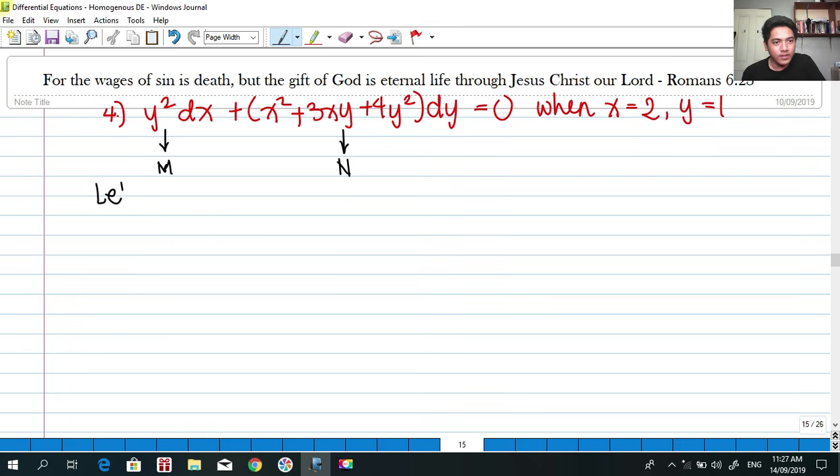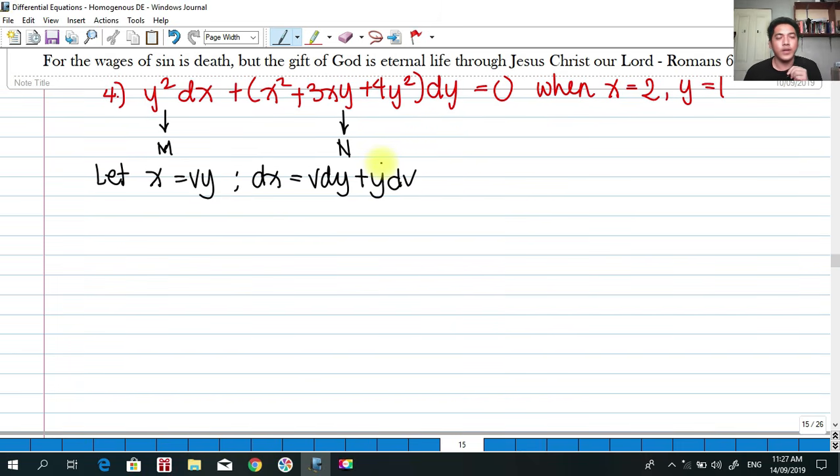As you can see here, we have a simpler M. So if we let x equal vy, we are letting dx as v dy plus y dv. So M is simpler, so let's try the substitution.